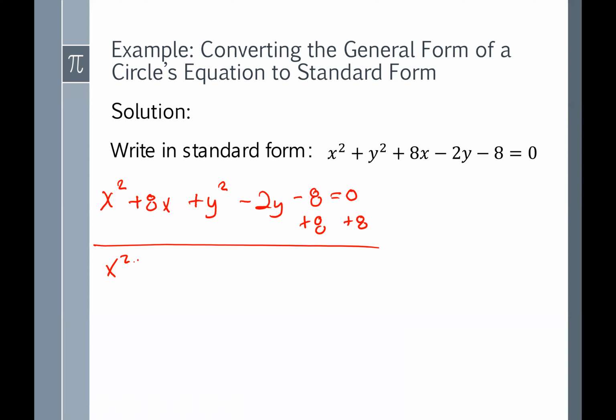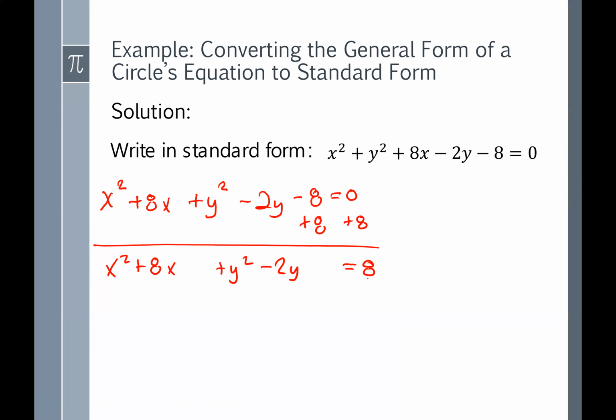And now we're going to rewrite it with a little space after the 8x and a little space after the negative 2y equals 8. Okay, so now we're going to add the constants that will force the two terms in x and the two terms in y to be perfect square trinomials.